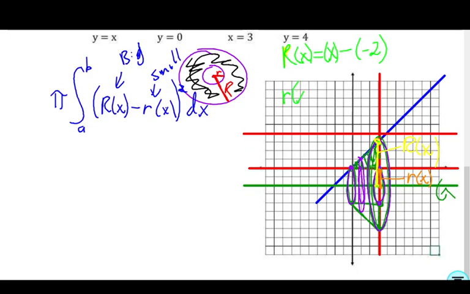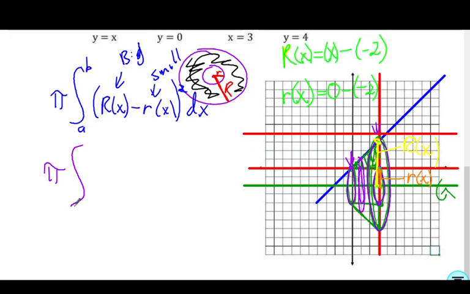And little r is still going to be top minus bottom, but in this case, our top is 0, because this is y equals 0, and the bottom is -2. Okay? And then we just plug those in. And again, our volume still starts at 0 and ends at 3.